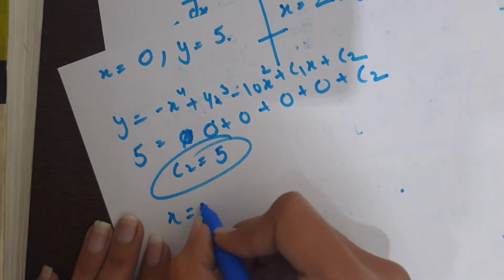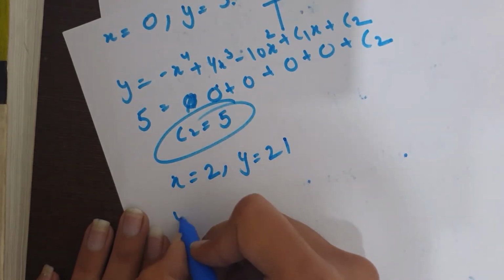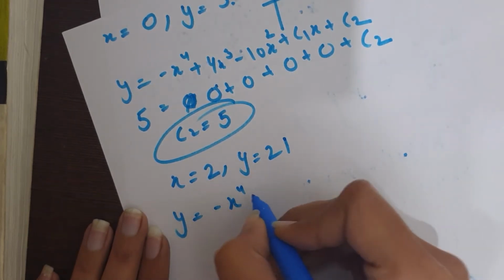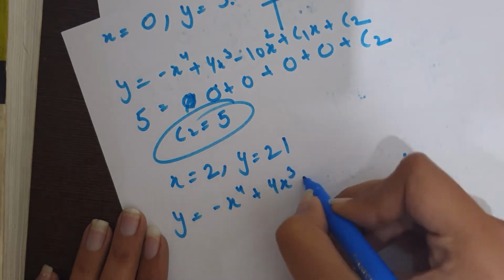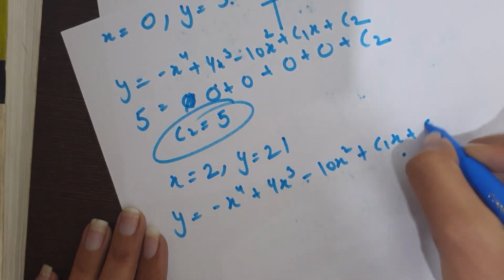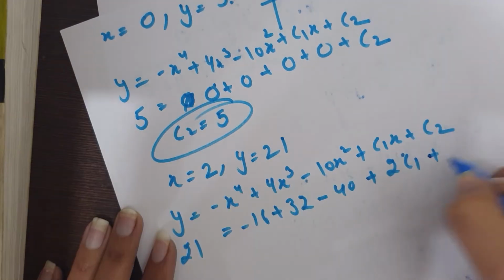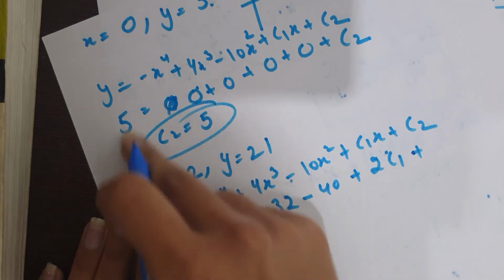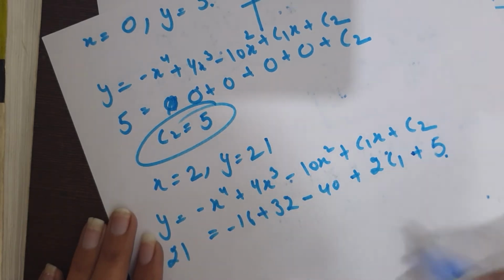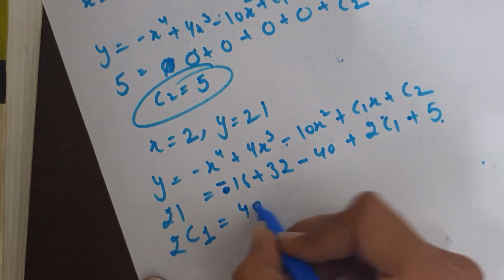Now we apply second condition, and c2. Here we got c2 value, so we will apply here to find value of c1. Here c1 value comes out to be 40.